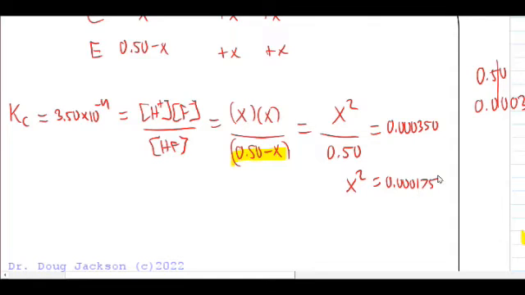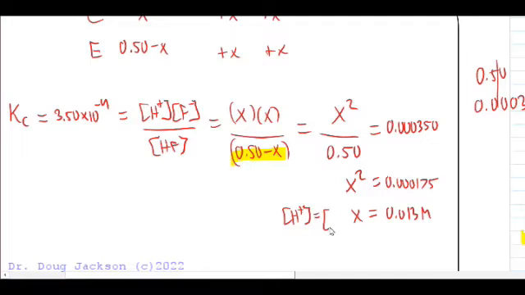And then the square root of both sides. That's going to give us 0.013 molar as X, and that's the concentration of H+. That's the concentration of fluoride, and that's X. And so if we're thinking about what HF is, it's 0.50 minus X, or minus 0.013.